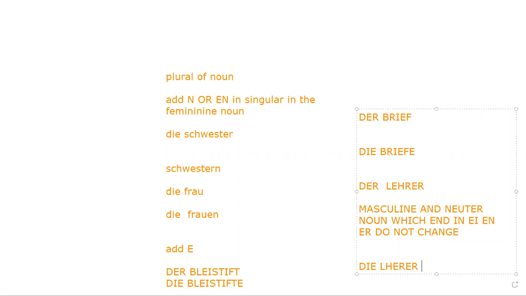Now, for example, we have bird. Bird, we have Vogel. The bird, der Vogel. Clear? Ending of el. But if I say a lot of birds, so die Vögel.